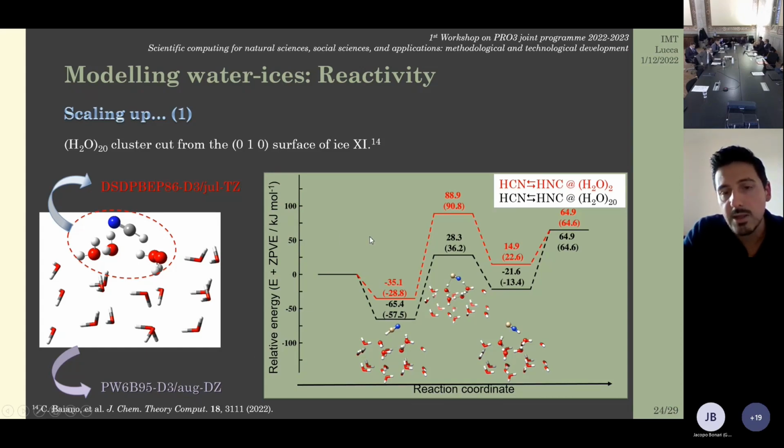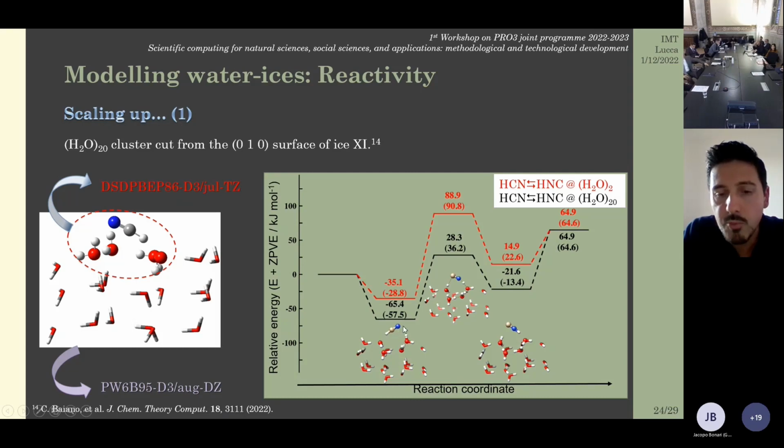And here in the graph on the right is presented the energy profile of the isomerization reaction simulated to be mediated both by the water dimer or the cluster composed by 20 water molecules. The dimer results are in red, those obtained on the 20 water molecules cluster are reported in black.